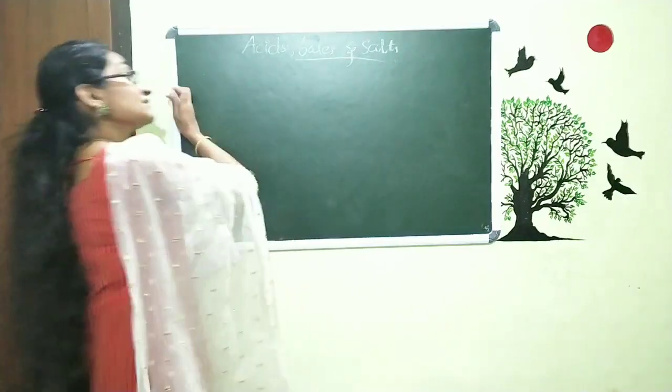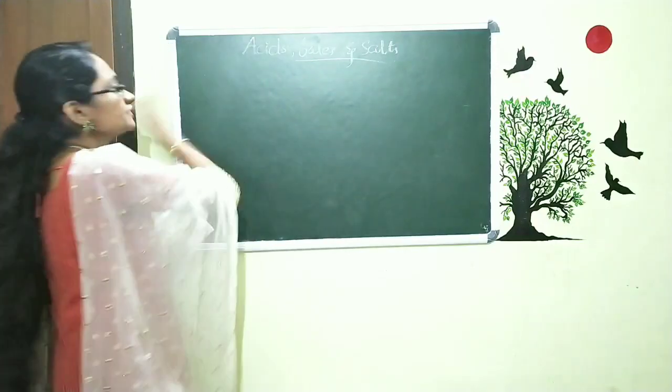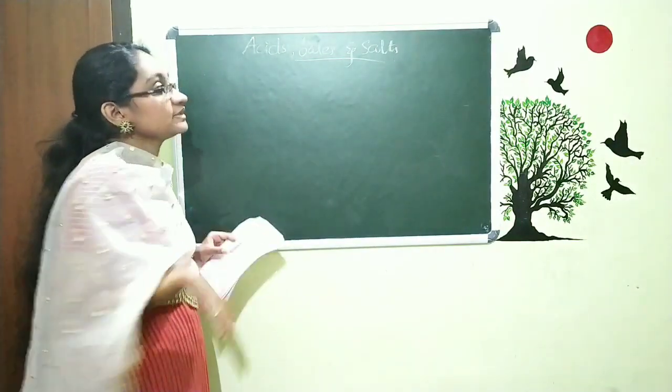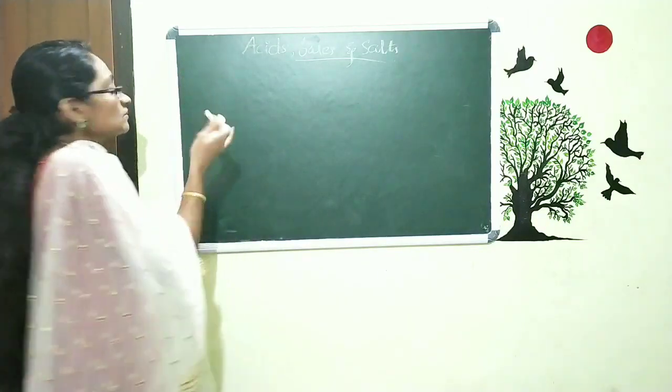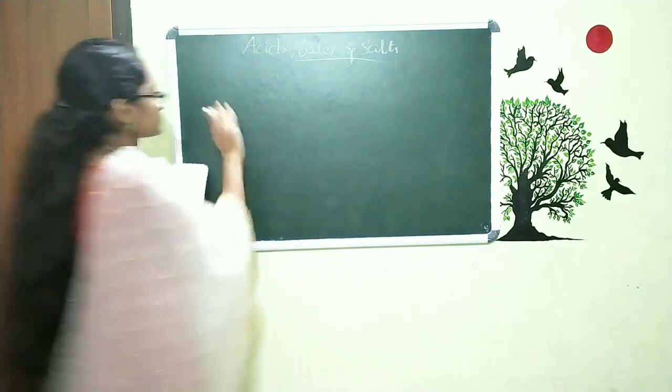In your previous classes, that means in your 7th standard, you studied this chapter about acids, bases and salts, the same name for the chapter. And now I am just recalling some of the things you studied in your previous classes.